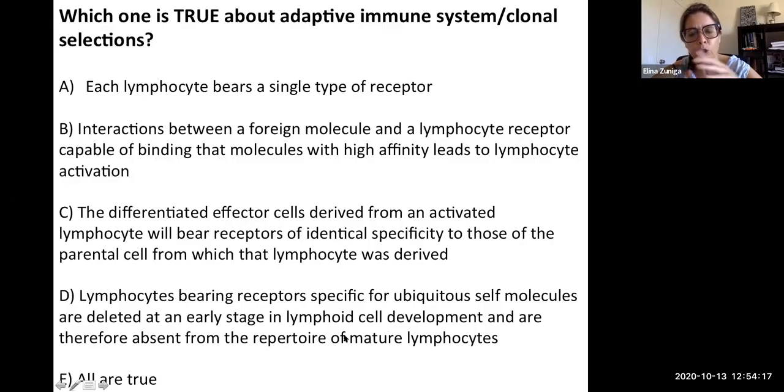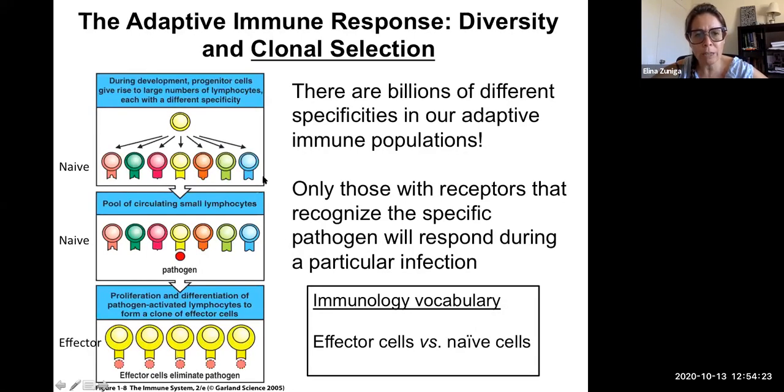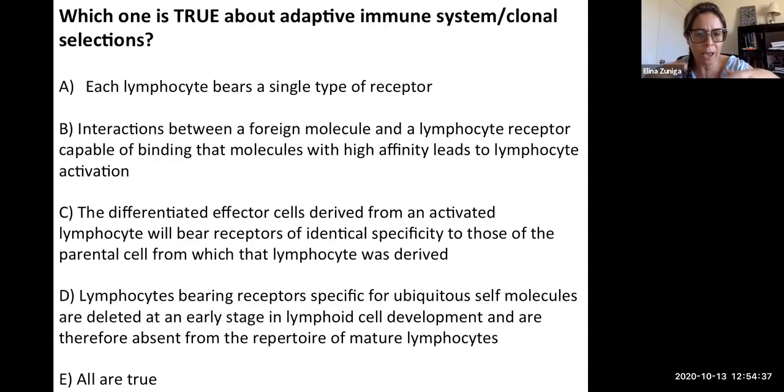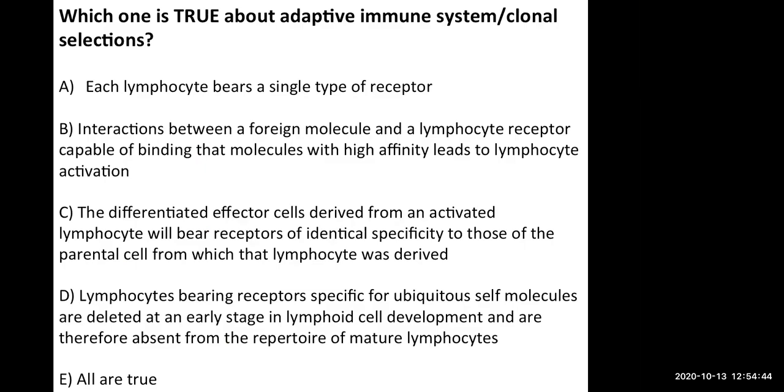And so I put this so you start thinking that during development, there may be generated some receptors in the adaptive immune cells that recognize self-molecules, but we don't want to have those ones. So these ones will be deleted before they start circulating so they don't attack us, causing autoimmune diseases.